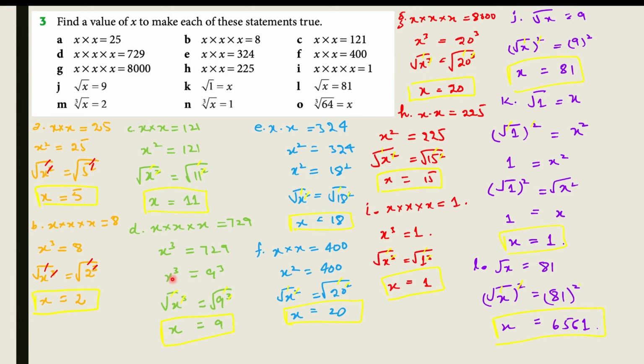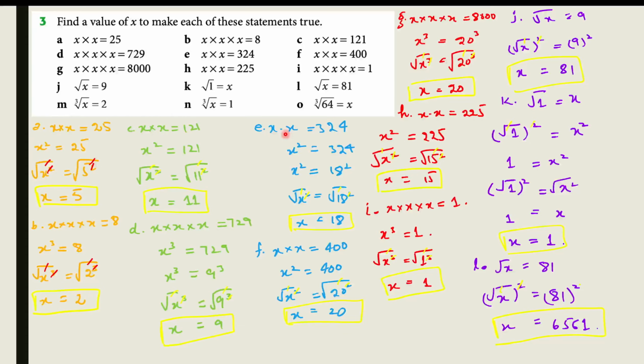So x cubed we have in here, and 729 we can also write as 9 raised to the power of 3. So when we take the cube root, the cube gets cancelled with the cube root, and we get the value of x is equal to 9.